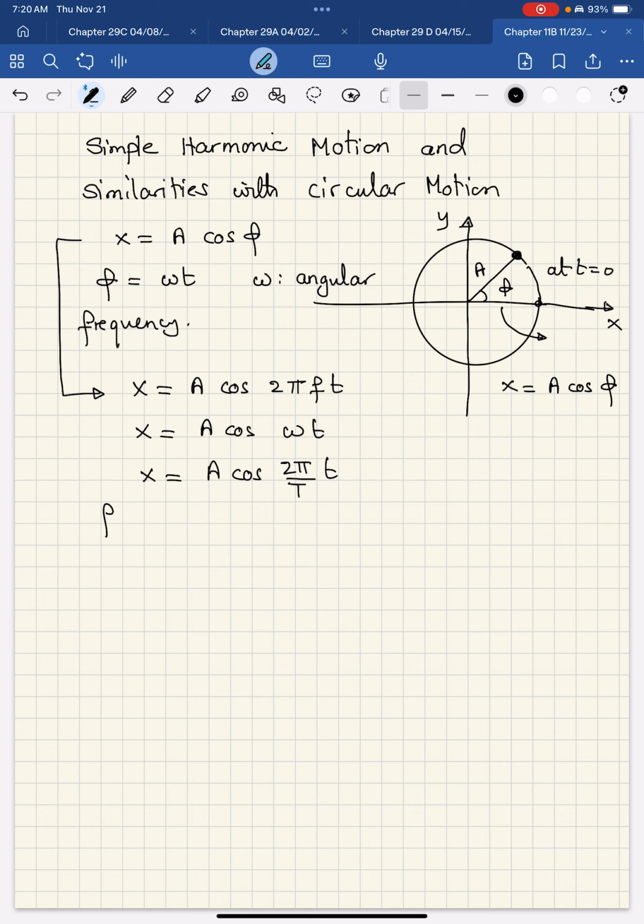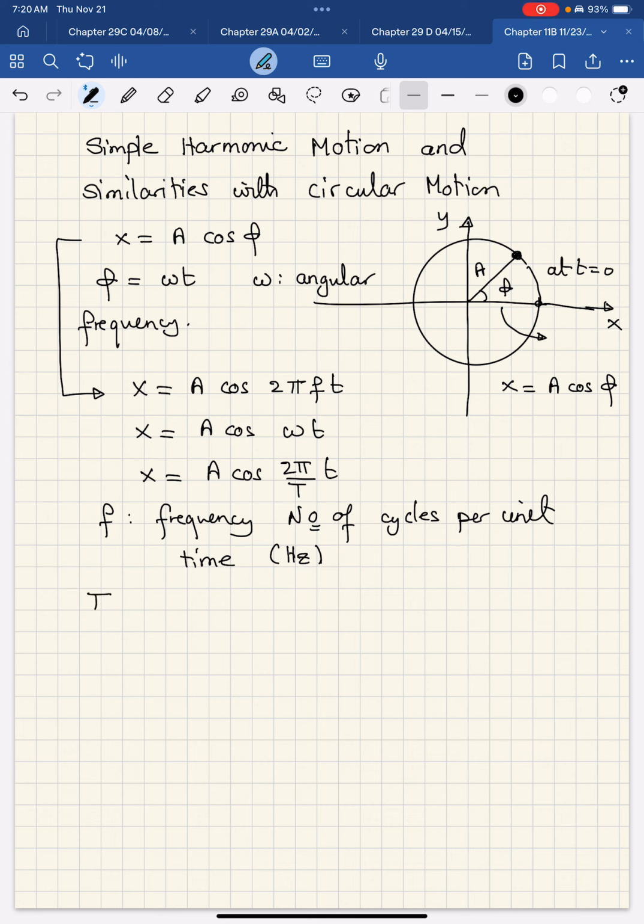Now remember here, f is the frequency, and it is the number of cycles per unit time. It is measured in hertz.